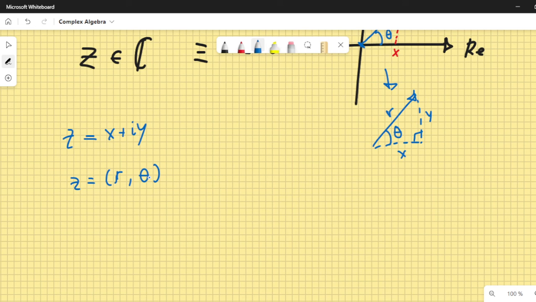Okay, this is the polar form. Now, how can we express this in a better way, which is equivalent to the rectangular form? Just remember that r is, of course, the square root of x squared plus y squared, and this has a name. This is called the modulus.